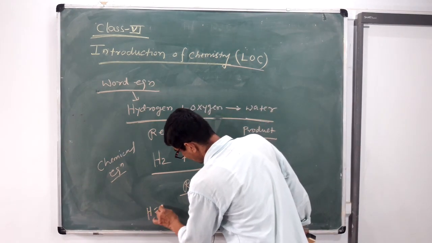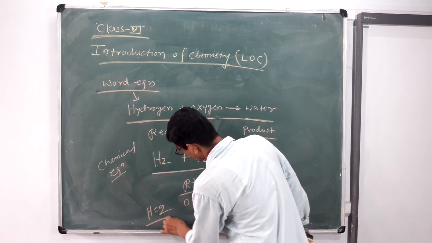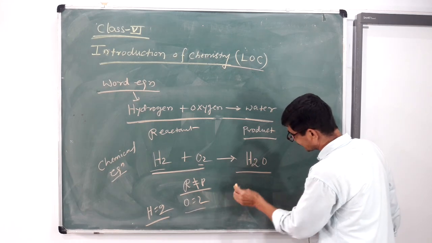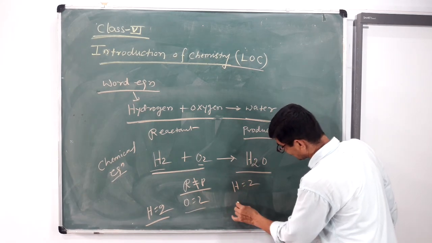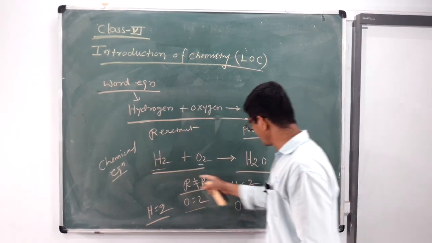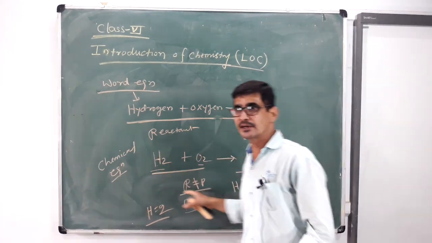Hydrogen is 2, oxygen is also 2. The number of hydrogen atoms is 2 and oxygen atoms is 2 in this case, but on the product side hydrogen is 2 and oxygen is 1. So the number of atoms in the reactant side is not equal to the number of atoms present in the product side. So this is called unbalanced chemical equation.